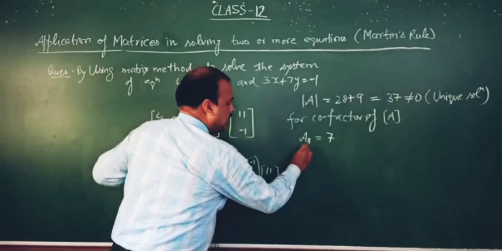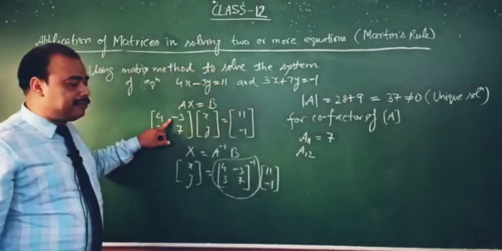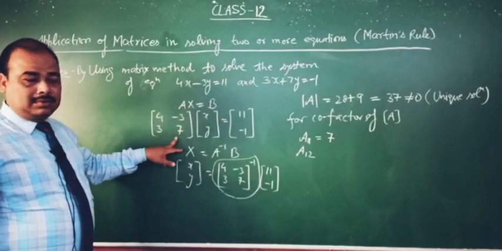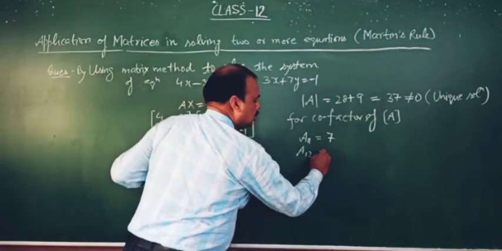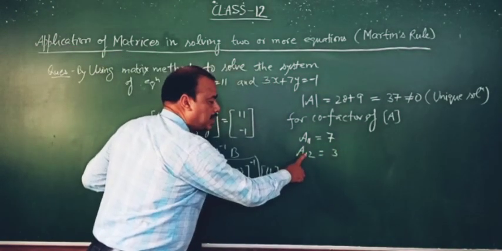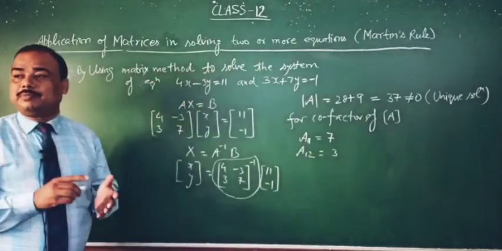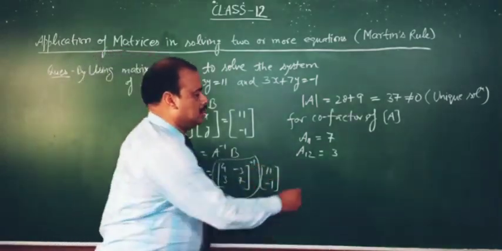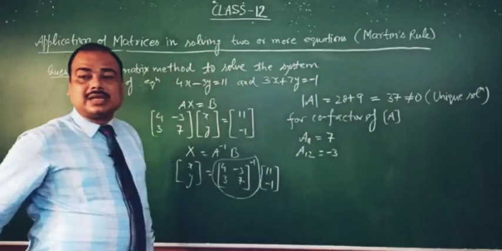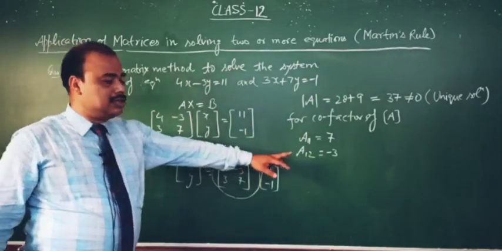For A12, the cofactor of first row, second column, it means minus 3, the sum 1 plus 2 equals 3. 3 is an odd number, so the sign of the minor will be changed.